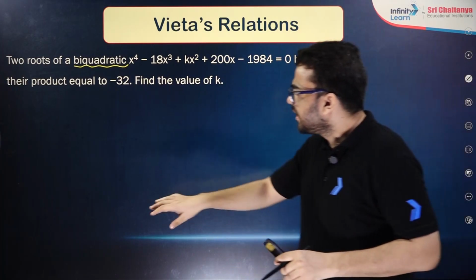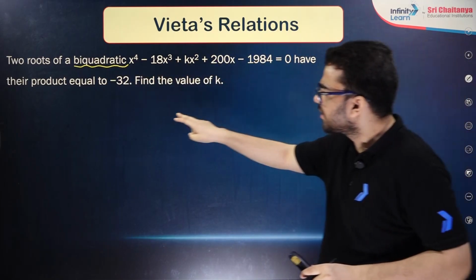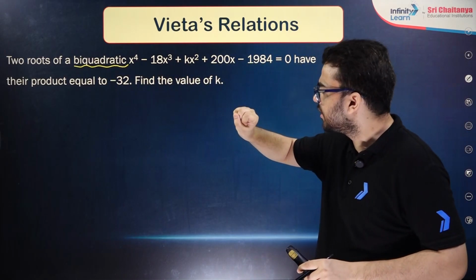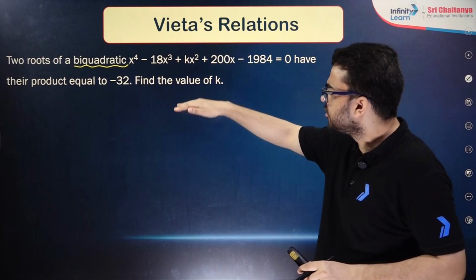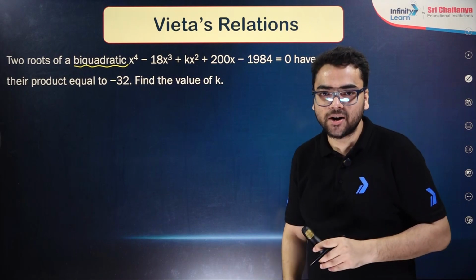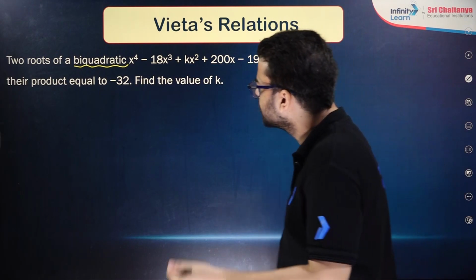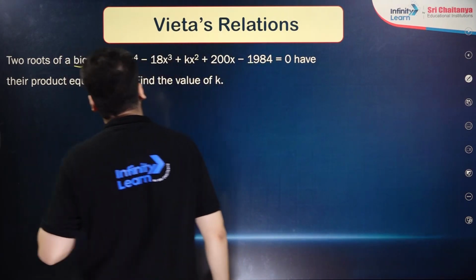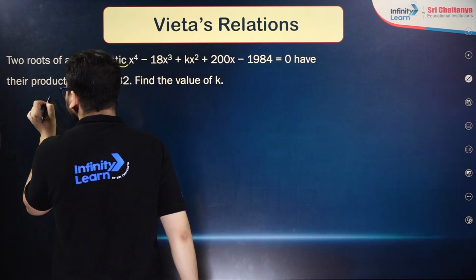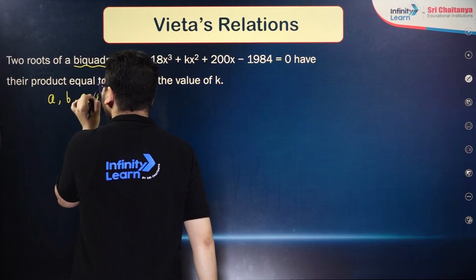So you see the thing is, two roots of this polynomial have their product equal to minus 32. Of this equation, you have to find the value of k. Fine, so let's start doing it. So you see two roots. Suppose, maybe I will write them a, b, c, d, because I don't want to write alpha, beta every time.